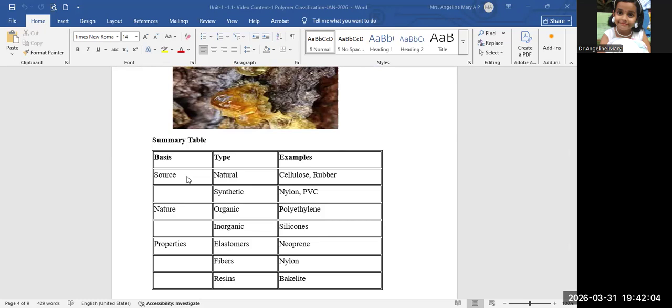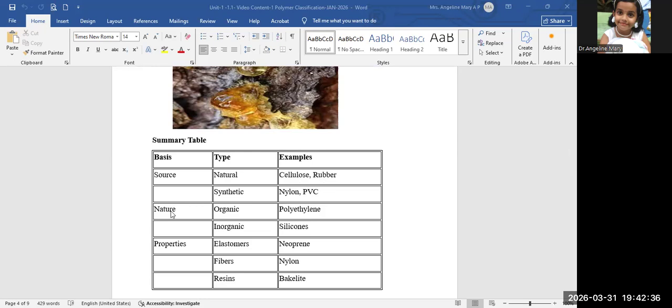Classification of polymers is based on the source, the chemical structure, and the physical properties. Based on the source, polymers are natural or synthetic. Examples of natural polymers are cellulose and rubber. Examples of synthetic polymers are nylon and PVC.